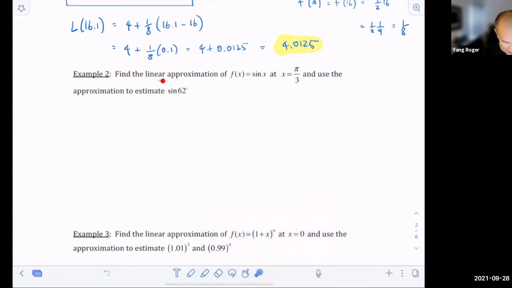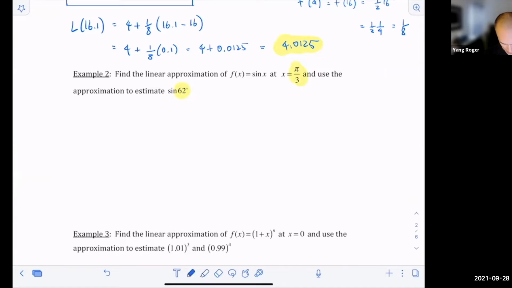Number 2 says, find the linear approximation of f of x equal to sine x at this point, x equal to pi over 3. Use the approximation to estimate sine of 62 degrees. What's interesting about this question is we have degrees and radians mixed together.